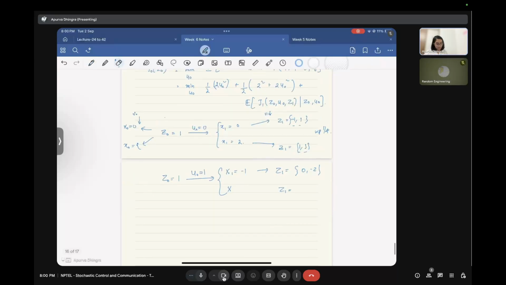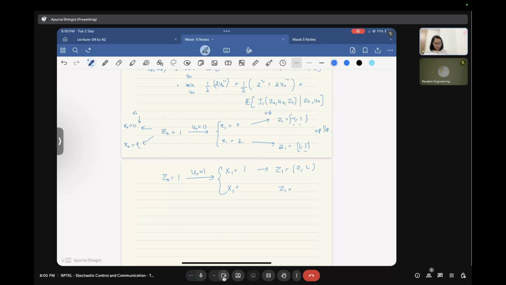Oh, I'm adding. Sorry. This would be 0 or 2. This is 2, so 1 gets added, 3.